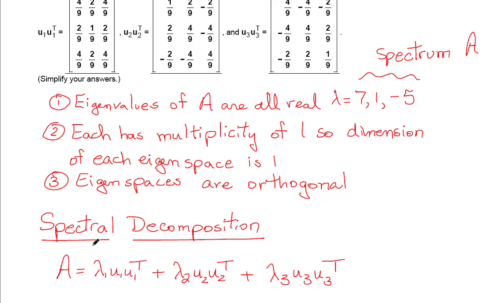The spectral decomposition takes the eigenvalues, multiplies each by the eigenvector in the combination of eigenvector 1 times its transpose, and then 2 and 3 in the same way.